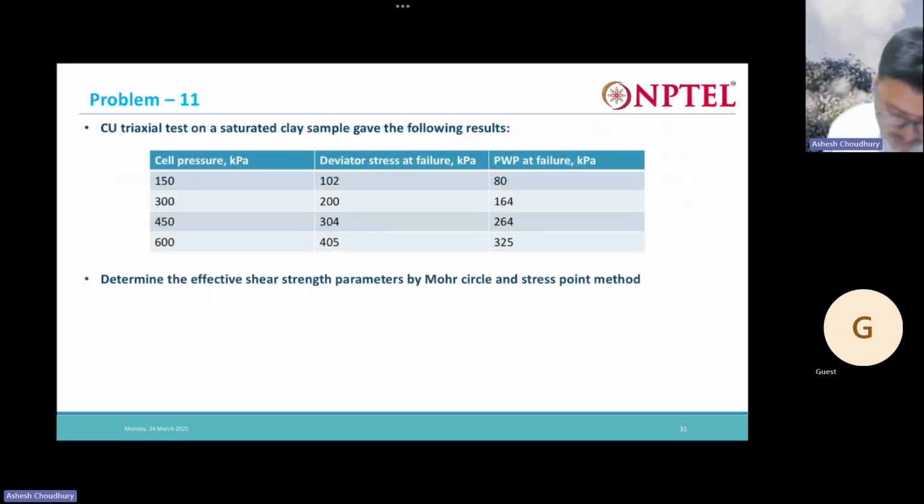Okay, so now let us do this. A triaxial test on a saturated clay sample gives the following results: cell pressure, deviator pressure at failure. Determine the effective stress parameters by the Mohr circle and stress point method.